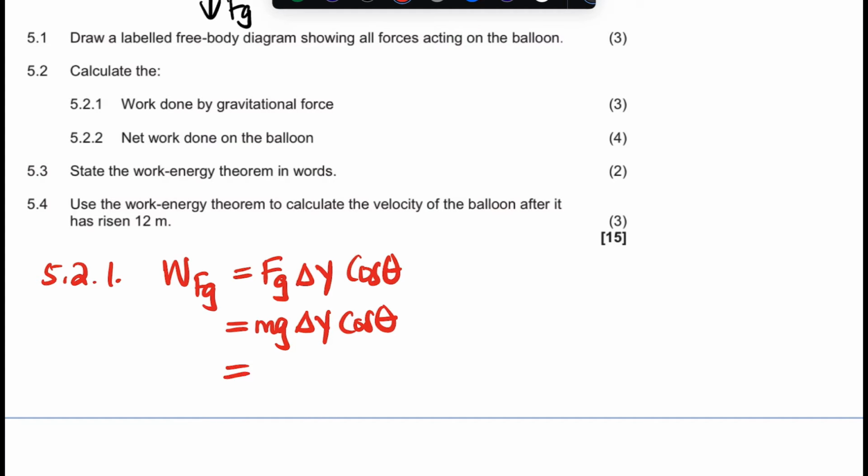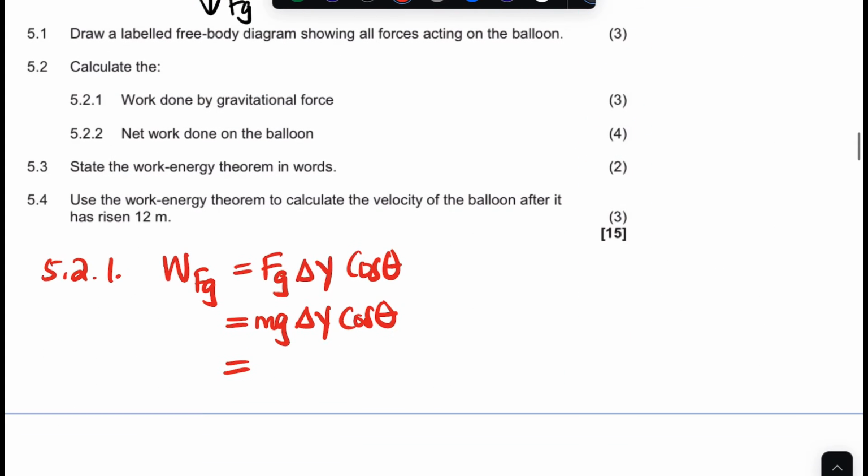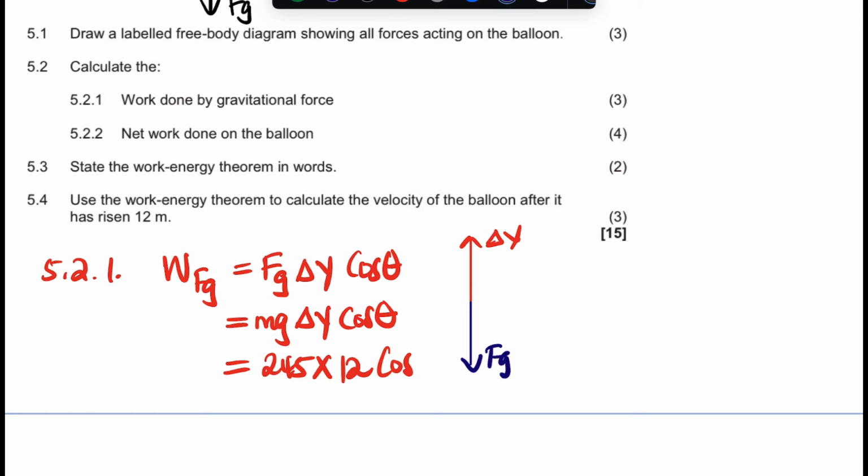And then we substitute the mass. The mass of the hot air balloon is 245 times your displacement, which is 12 meters, cos. And then guys, very important, the direction. The hot air balloon is displaced upwards, and the gravitational force is going downwards, right?